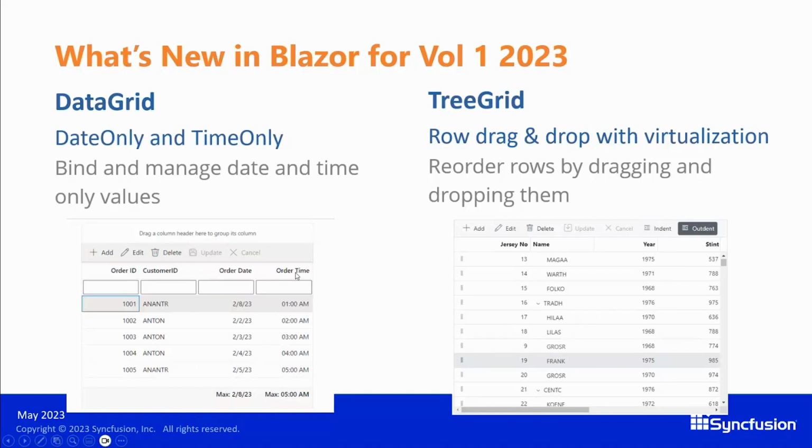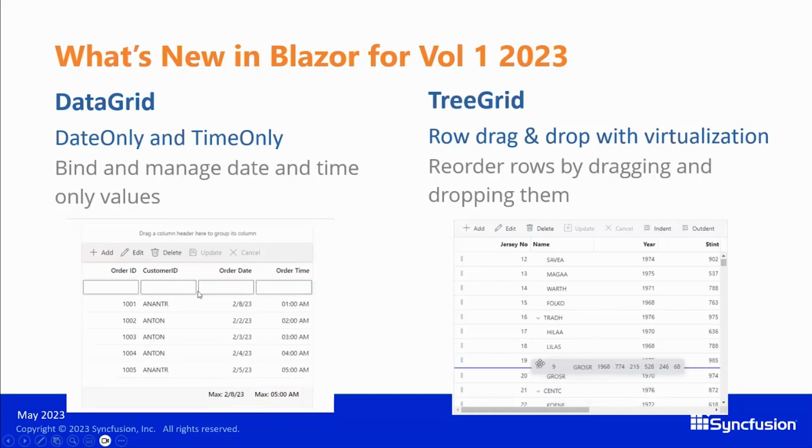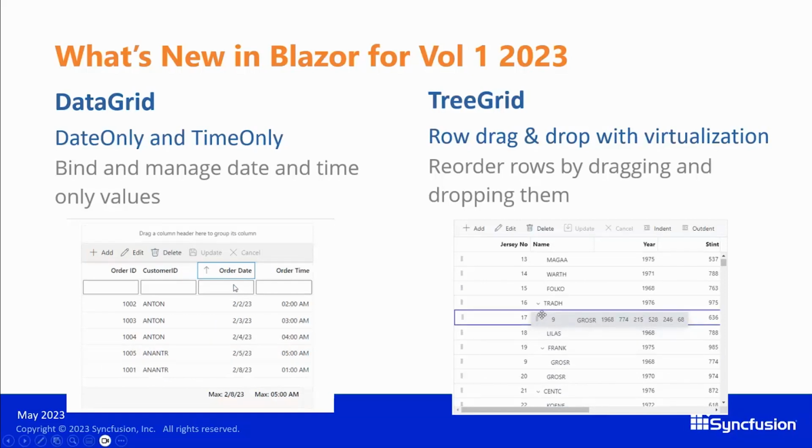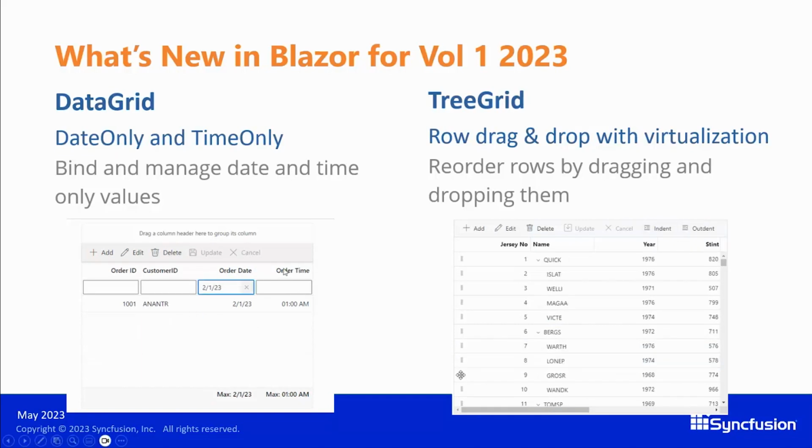To make it even easier, we have also given built-in support for rendering the date picker for this field, and time picker for the order time field. So now you can bind and manage the date and time only values in our Blazor data grid component.